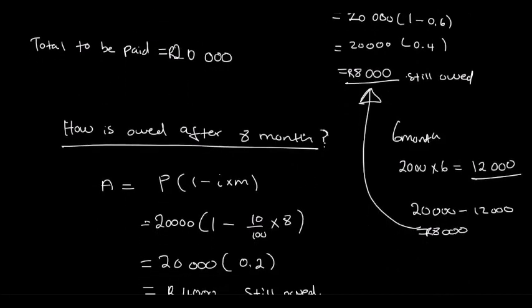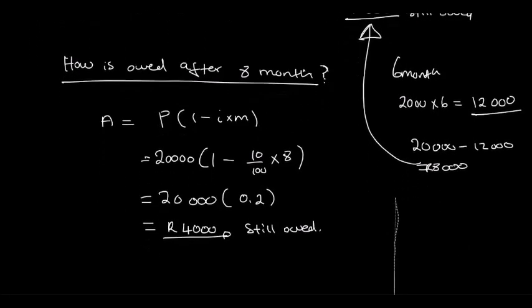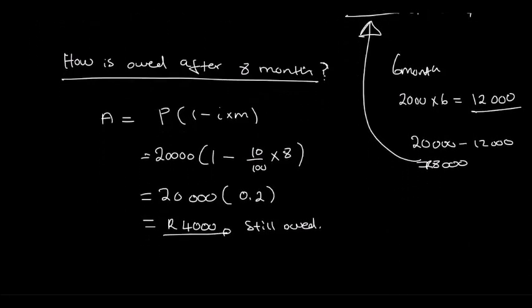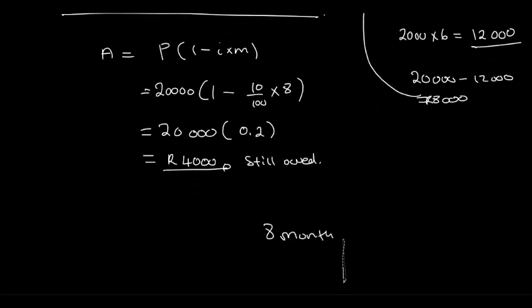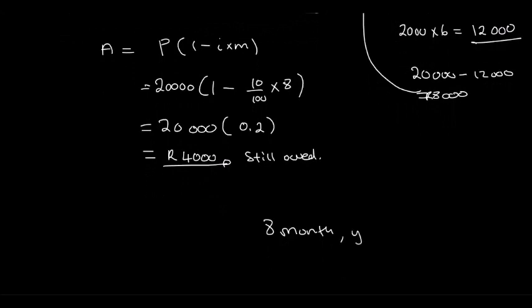And if you had been paying for 8 months, the amount that you have paid for 8 months is obviously 2,000 rand times 8, which is equal to 16,000 rands.